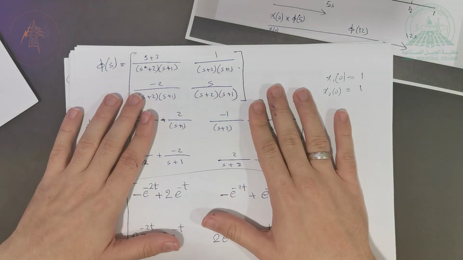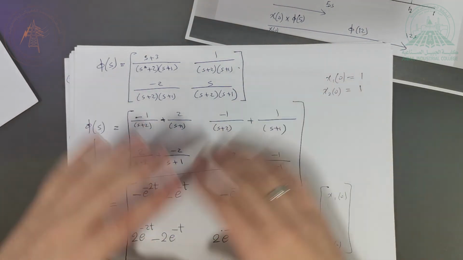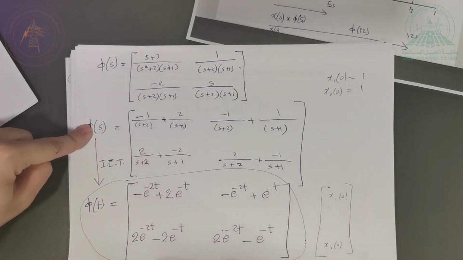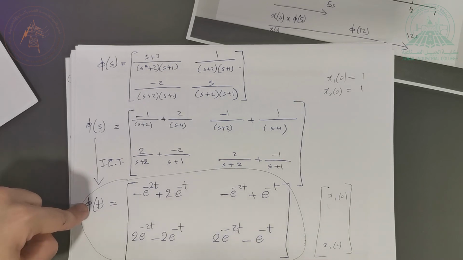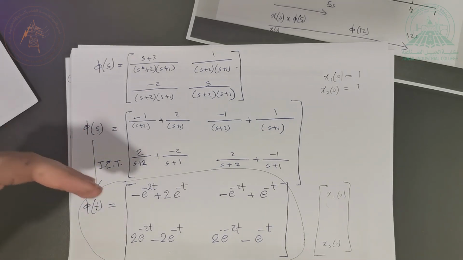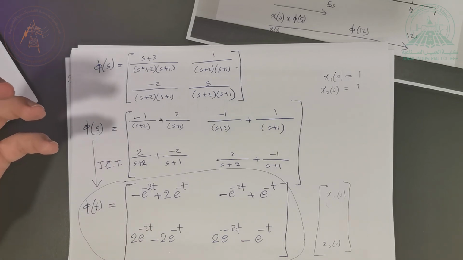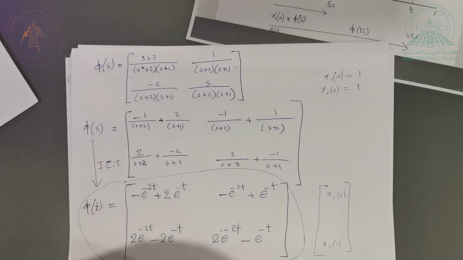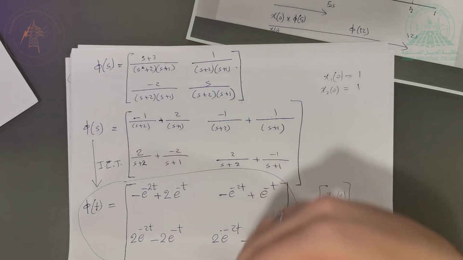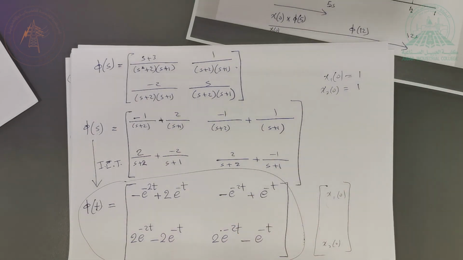And lastly, how do I find the state transition matrix, either in the frequency domain, like this, or in the time domain? The state transition matrix is extremely important, because as you have seen, by knowing it, I can go from the initial conditions to any point in the future, just by knowing the initial conditions.